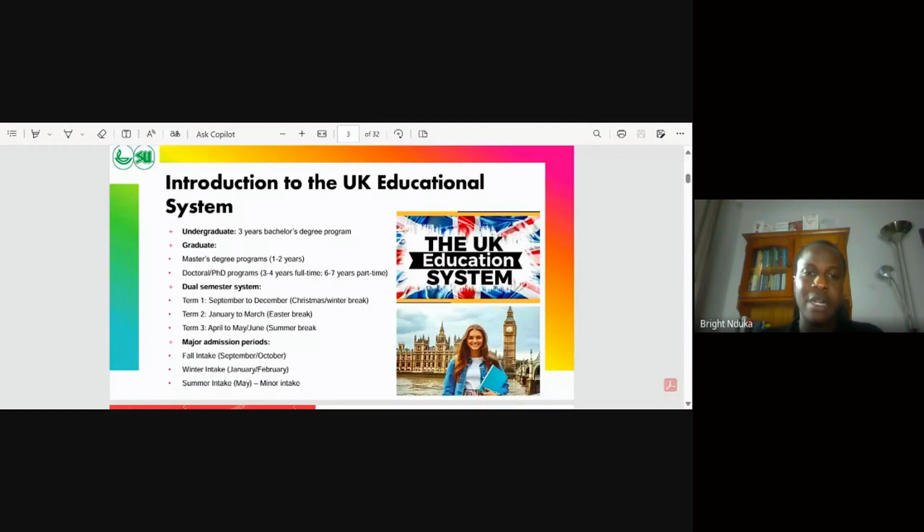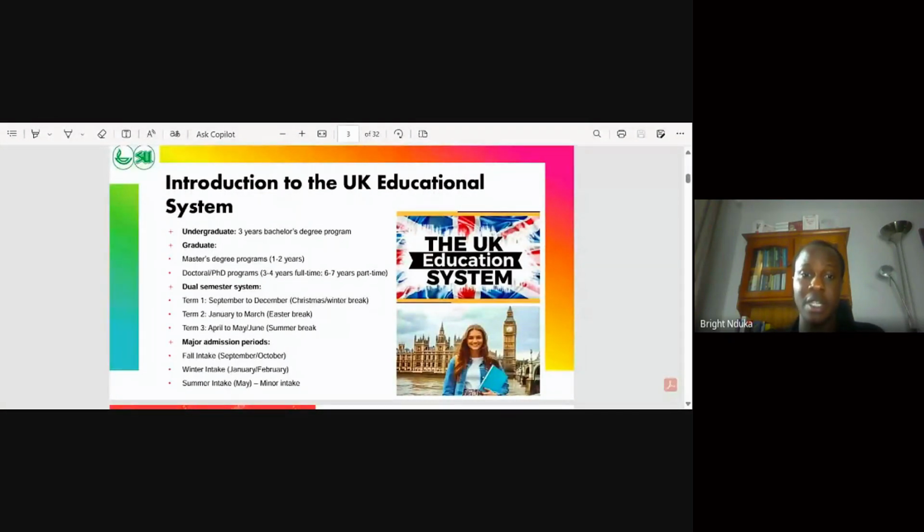For the undergraduate program, it's 3 years, unlike what is obtainable back in our country, which is 4 years. So it gives you the opportunity of being 1 year ahead. Then for the graduate program, there's the master's degree program, which runs for a period of 1 to 2 years. Most master's degrees are usually 1 year.